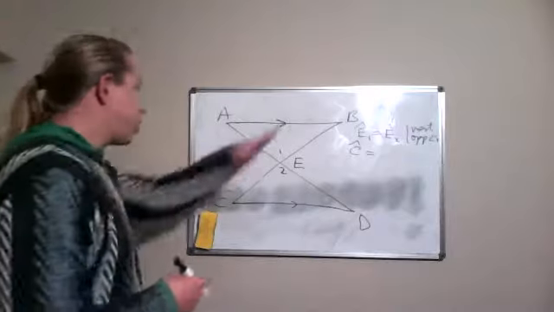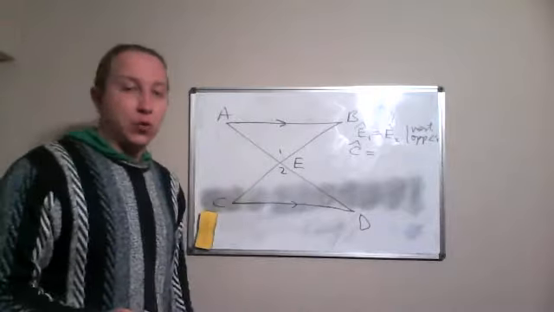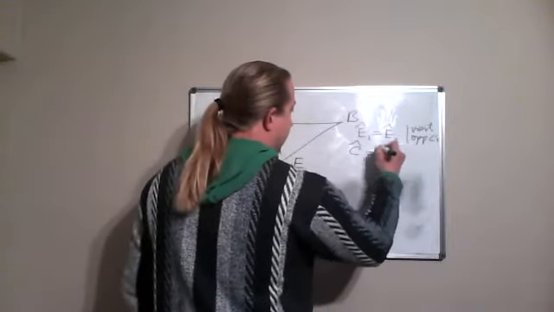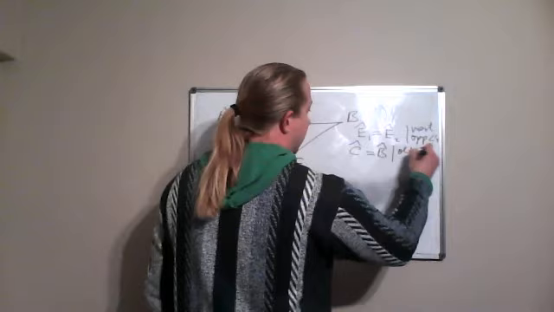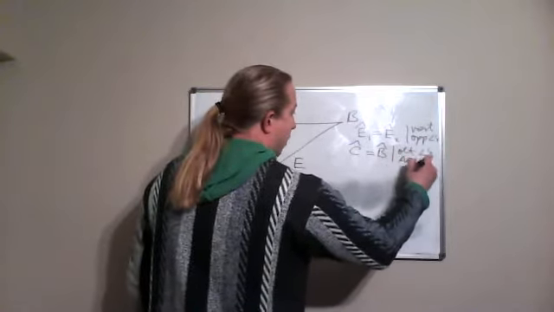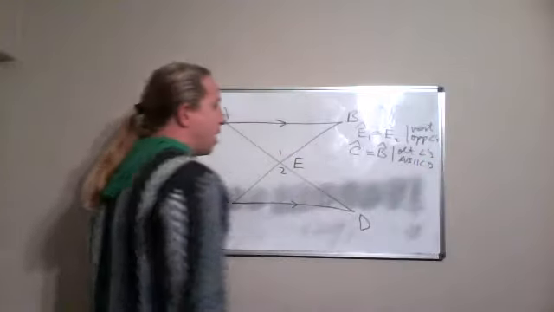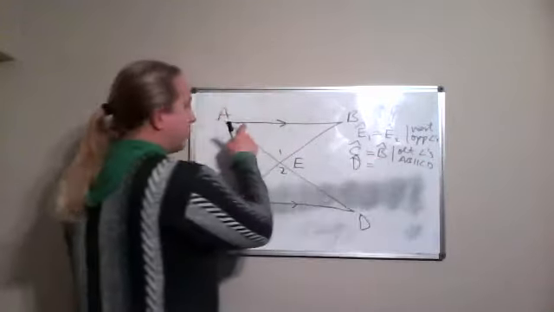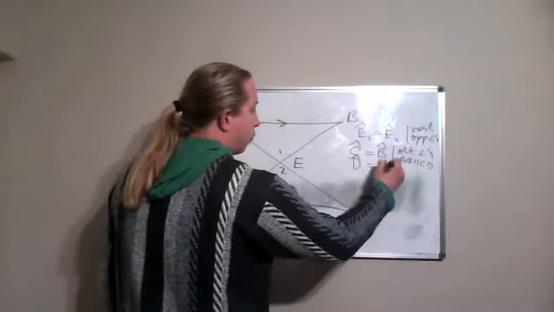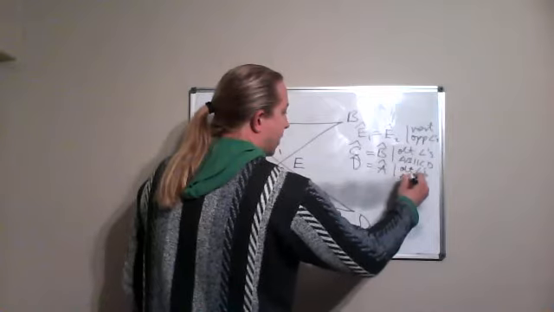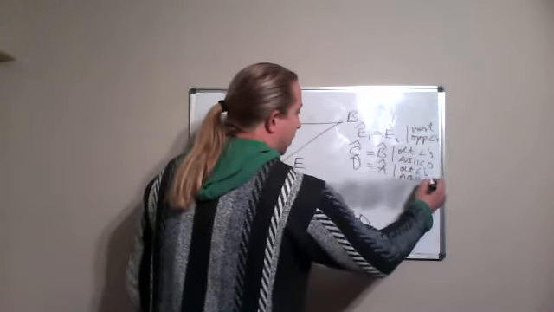Or you could use a three-letter notation, that's also fine. Angle C equals angle B. Why? Alternate angles. Which lines are parallel? AB is parallel to CD. And then angle D is equal to angle A for exactly the same reason: alternate angles, AB parallel to CD.